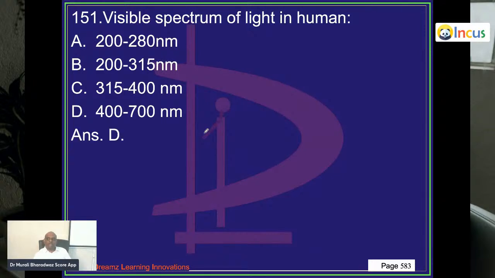Visible spectrum of light is between 400 to 700. You can remember, 800 is the highest mark in NEET PG. 400 is 50% score.